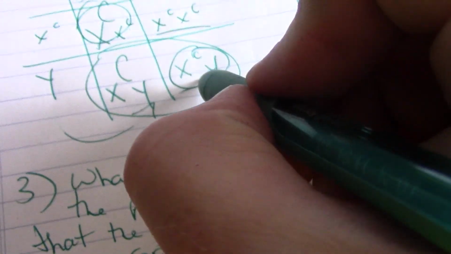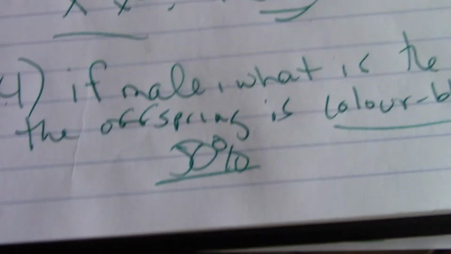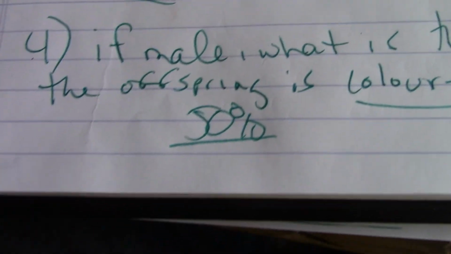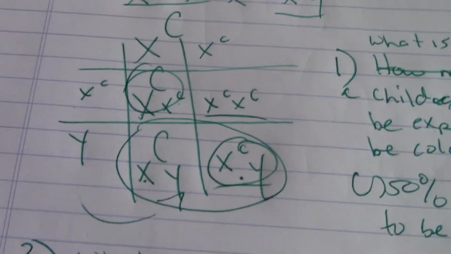So 50% of the boys should be colorblind, and 50% should be normal. You're generally not going to see this, where it's going to end up being the same probability for males and females. Usually males will have a higher probability. But this is a female carrier with a colorblind male, so that's why there's the difference.